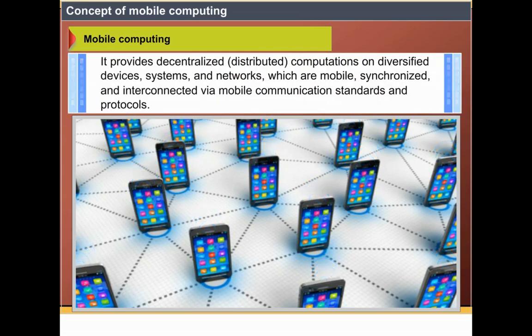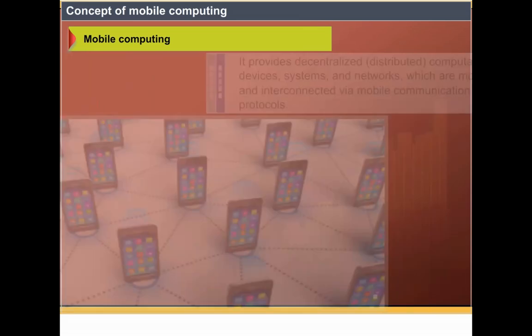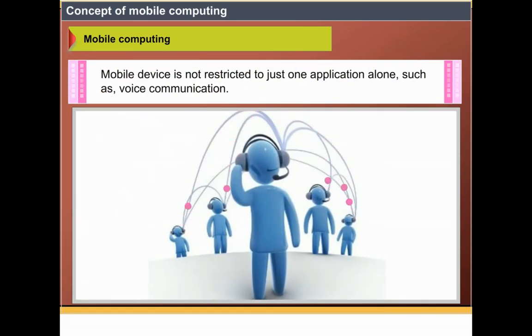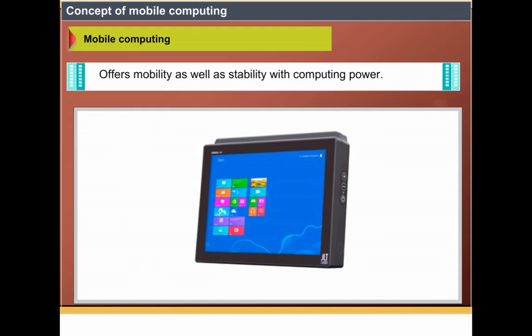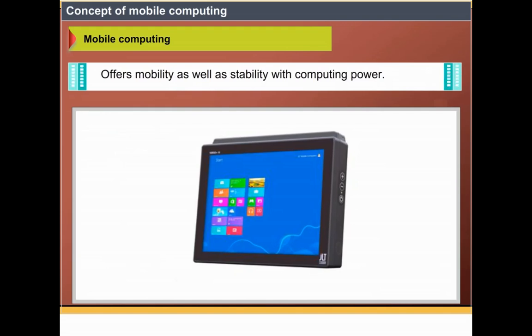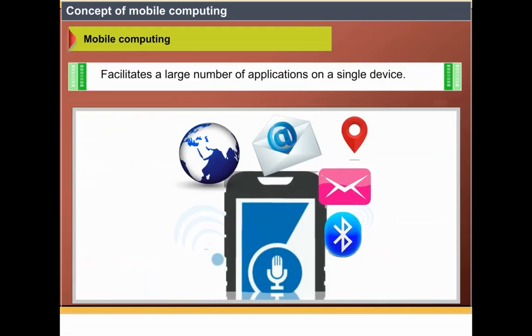Provides decentralized computations on diversified devices, systems and networks which are mobile, synchronized and interconnected via mobile communication standards and protocols. Mobile device does not restrict itself to just one application such as voice communication. Offers mobility with computing power. Facilitates a large number of applications on a single device.